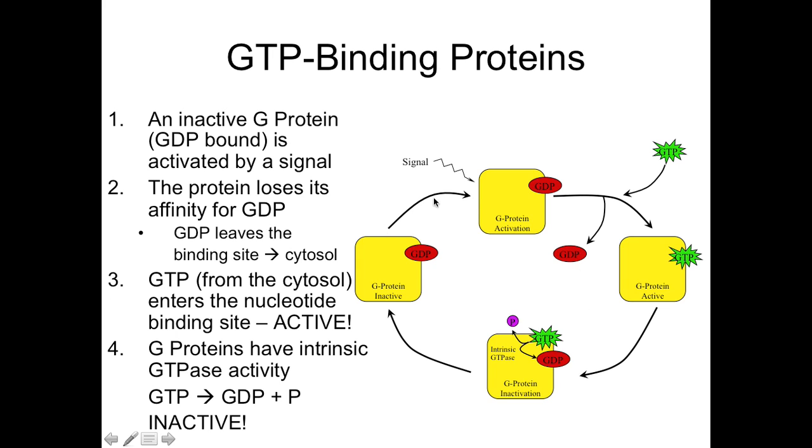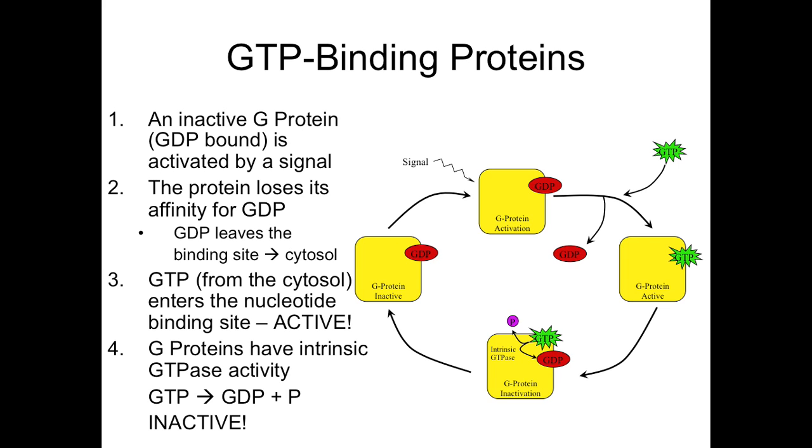All right, so you have an inactive protein. A signal comes in the form of guanine exchange factor that causes the GTP binding protein to get rid of the GDP and to accept a new molecule GTP. When it's bound to GTP, then it is in its active form. Most of these proteins only stay active for a short while.